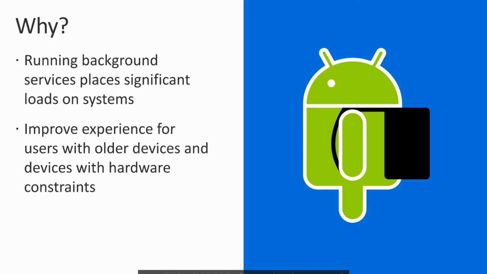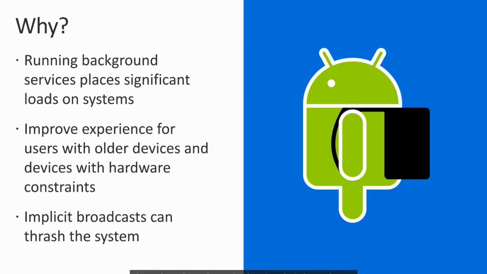So to help deal with this, Google has sort of said, you know what, maybe this unfettered running of services in the background isn't the best idea. Maybe there needs to be some sort of control, some sort of restraints on this. And that's exactly why we have this now, to improve the user's experience with the device overall. It also helps prevent misbehaving apps from dominating the device and ruining it for everyone else.